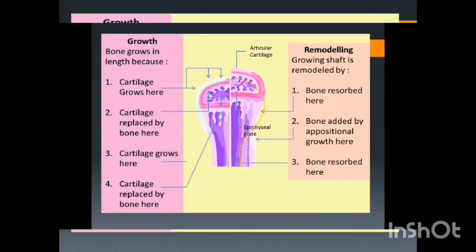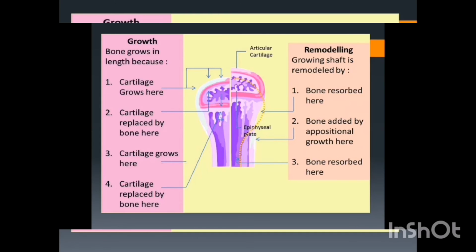So as you can see here, the bone grows in length because the cartilage grows here, where you see that white line. So there the cartilage grows, and second, the cartilage is replaced by bone.